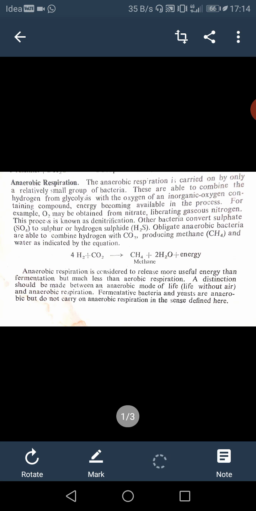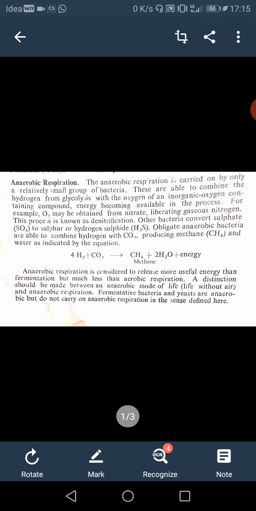For example, one molecule of glucose is converted into two molecules of ethyl alcohol and two molecules of carbon dioxide. In anaerobic respiration, the food material is incompletely oxidized to intermediate products, the oxidation being brought about by intramolecular and intermolecular atomic shifts.